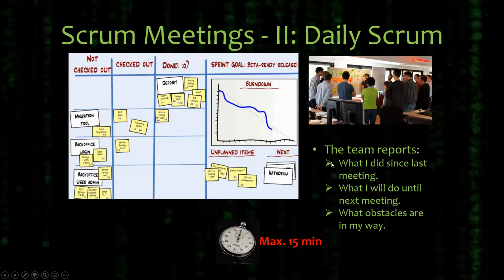And then this will be discussed in what is called a daily Scrum, right? The daily Scrum is what you call a stand-up meeting. You can't have long stand-up meetings, right? So this won't happen now, especially online. But the idea is that it has to be a maximum of 15 minutes.